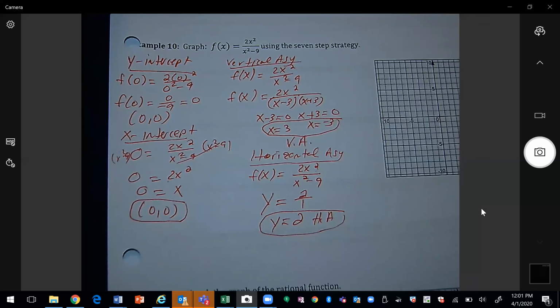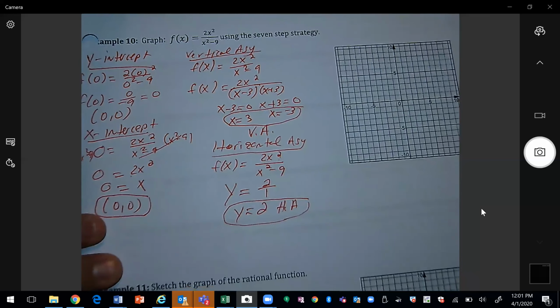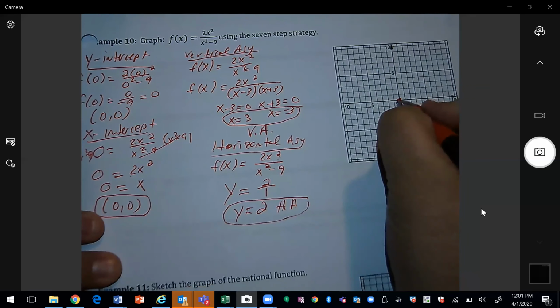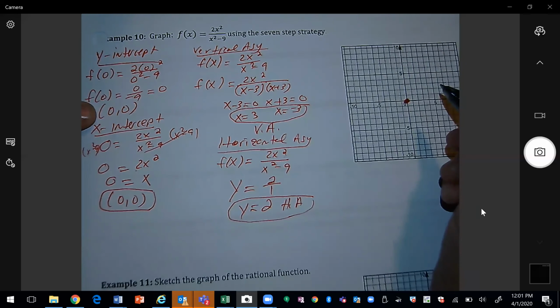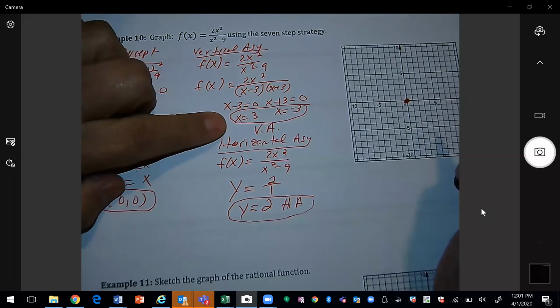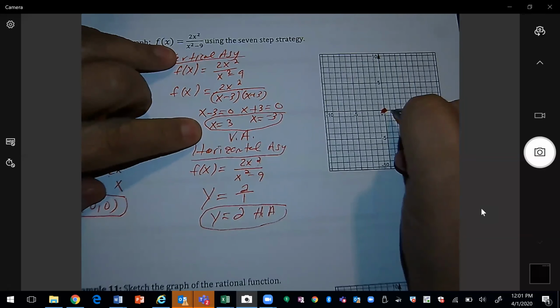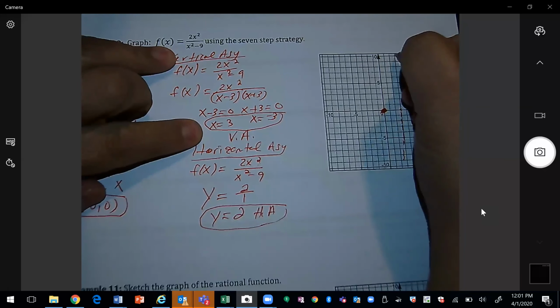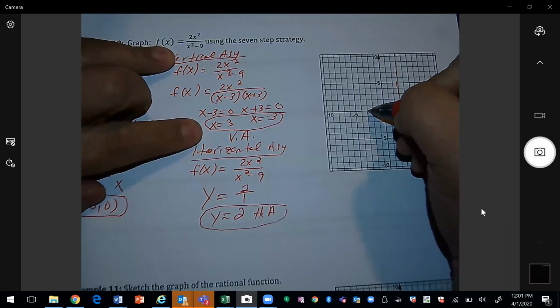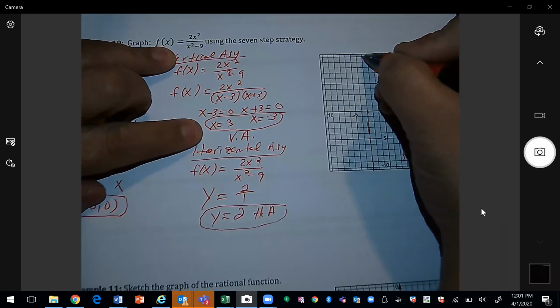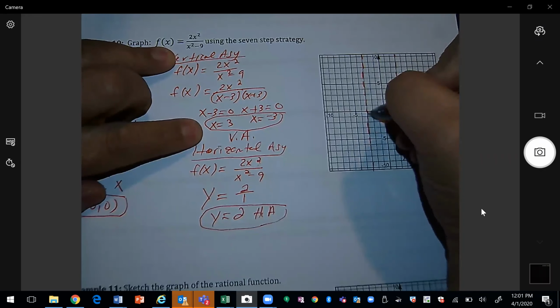And so if you notice, if I graph this, I don't have a lot of information. We found this point here, 0, 0 for the x-intercept and the y-intercept. And then my asymptote says that x equals 3, so right here, and x equals negative 3, right there.